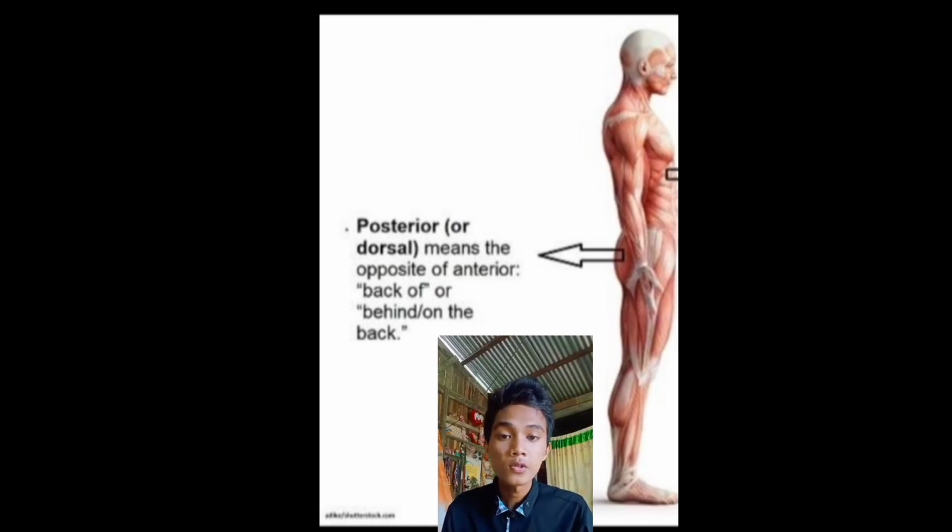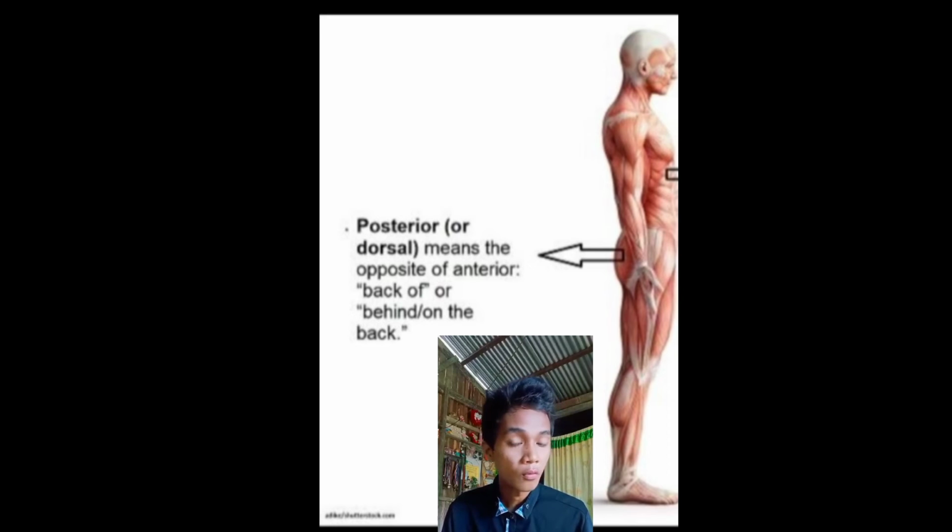Okay, today I will explain what posterior is. Posterior can be described by how you're looking at the body, which is always referenced from the anatomical position. It can be viewed from the posterior view, which means looking from the back. Posterior means further toward the back.